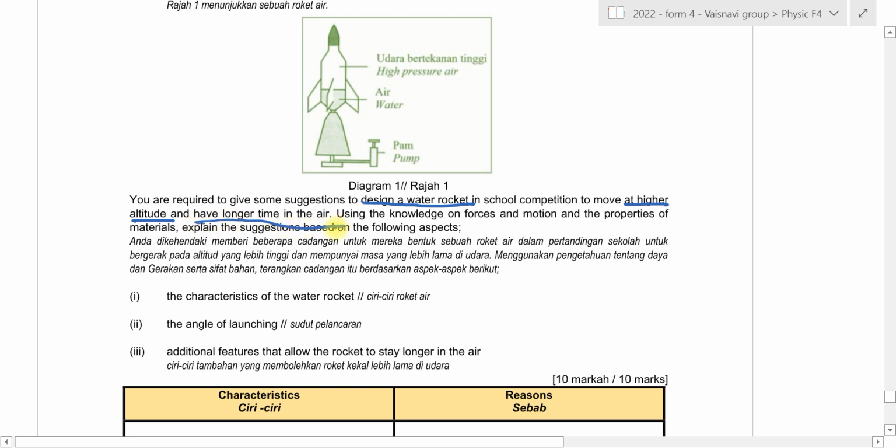Stay in the air for a longer time. Use the knowledge of force and motion and the properties of material. Explain the suggestion based on the following aspect. Okay. Baik, kita punya objektif adalah kita nak buat satu roket di mana roket itu ada move at the higher position and also stay longer in the air. Jadi, you need to design the following to achieve that purpose.